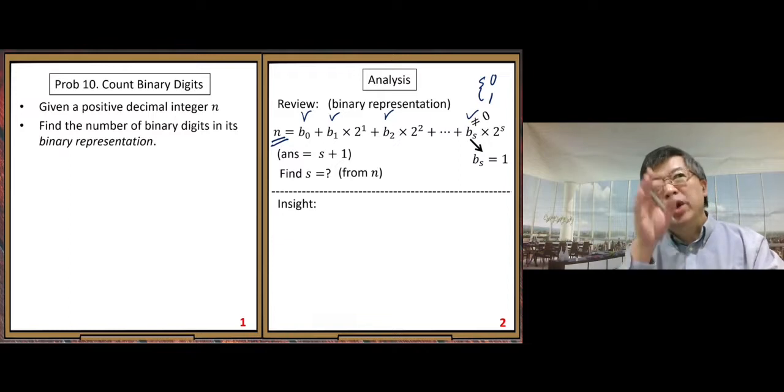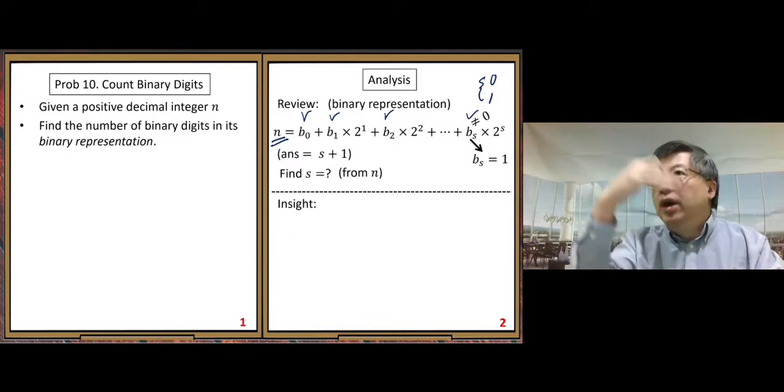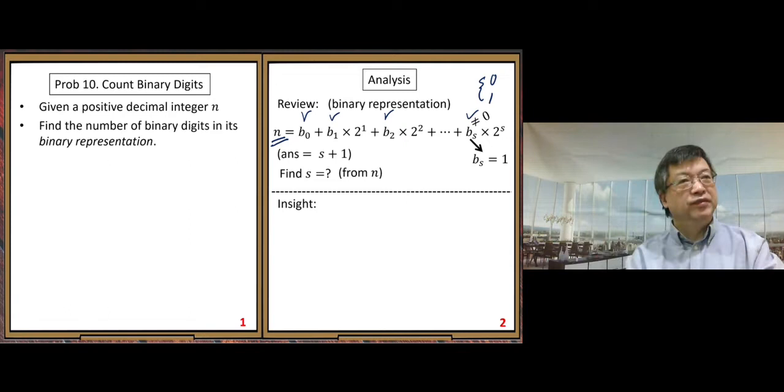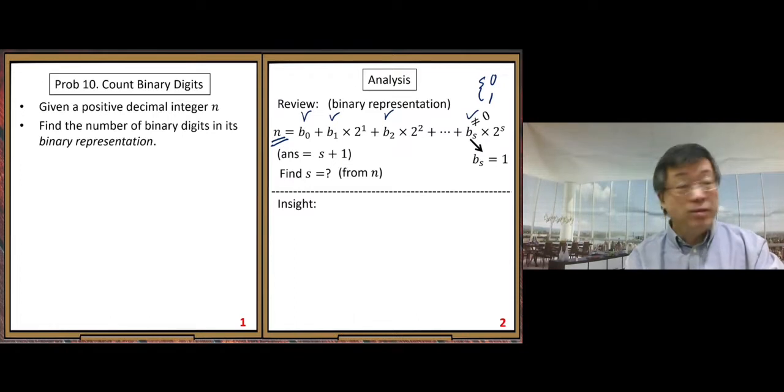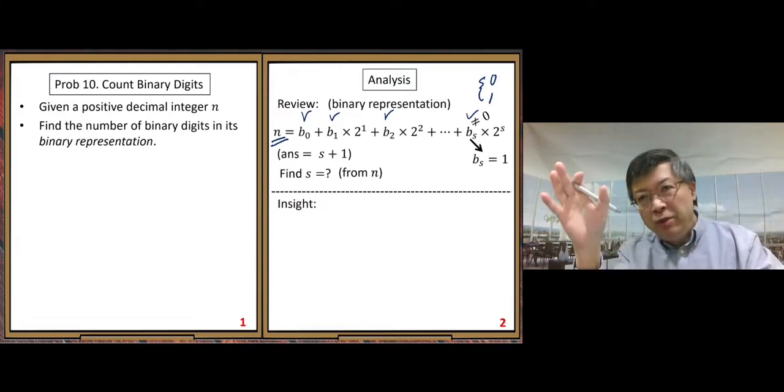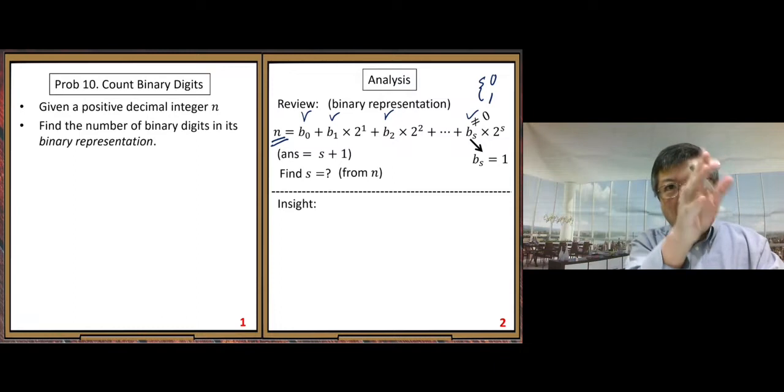The insight is we want to derive some recurrence relation. Look at the title: reduce problem size by half. So we want to derive a special recurrence relation, in which we have that half size problem representation.